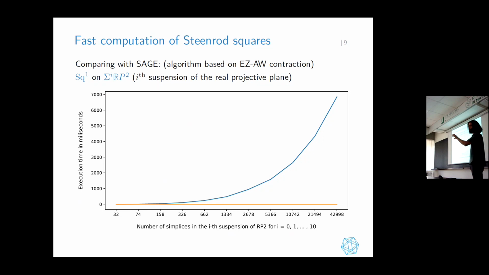And I'm only timing the Steenrod square step. On the x-axis, you see these numbers that correspond to the number of simplices of models for higher and higher suspensions of a real projective plane. So with no suspensions, the real projective plane can be modeled with 32 simplices, the suspension with 74 simplices, and as we move here, you see that the number of simplices roughly doubles every time we take a suspension. And well, the comparison speaks for itself.